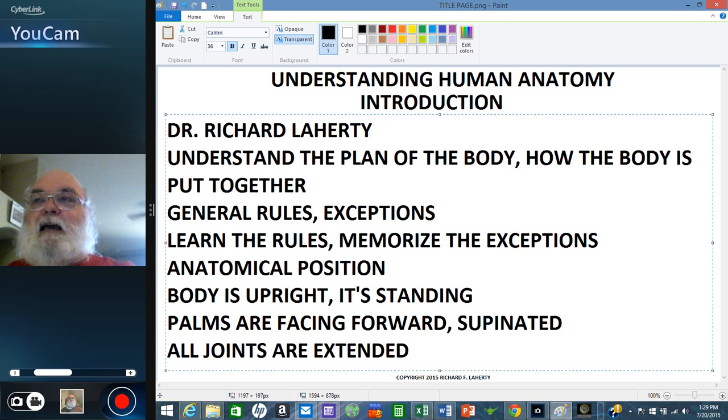If you remember that in anatomical position, all joints are extended, then you can work from that position, that fact. Some joints have extreme range of motion, and they'll have to be dealt with at the time. And we have ways of doing that, and we'll talk about that as we get there. But the general rule is that all the joints are extended in anatomical position.